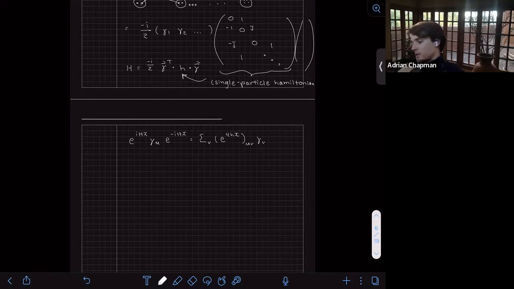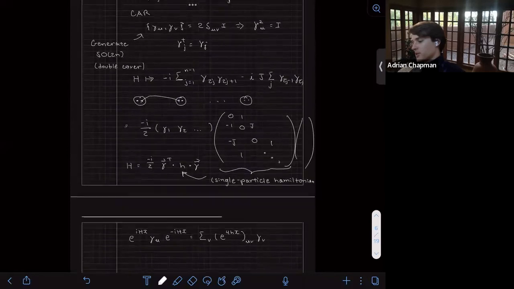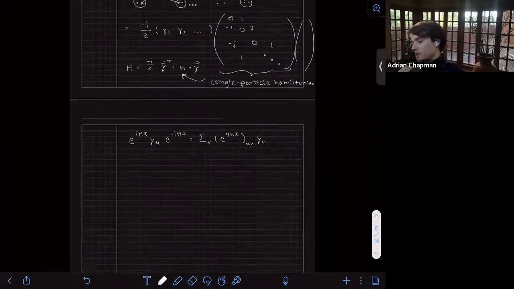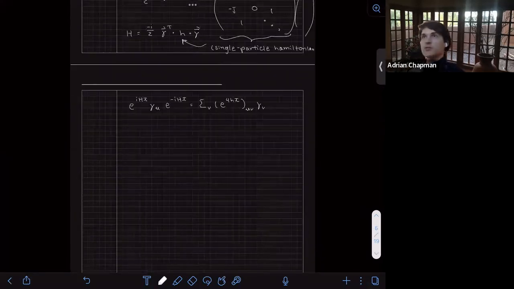And it turns out that's also exactly what's needed to preserve the canonical anti-commutation relations. When I conjugate both of these by a rotation matrix, because they both transform covariantly, I'll basically be conjugating an identity by an orthogonal matrix. I'll have U transpose returning the identity, so that preserves that delta function.